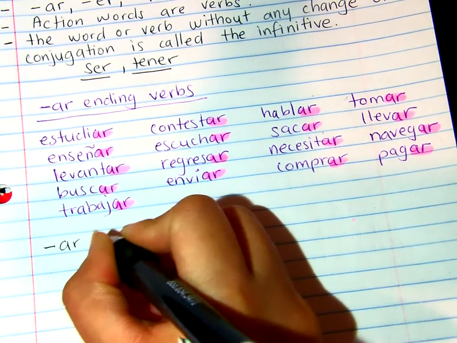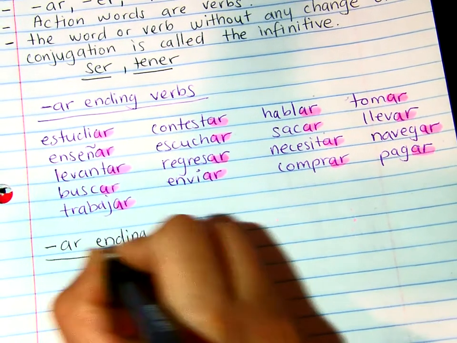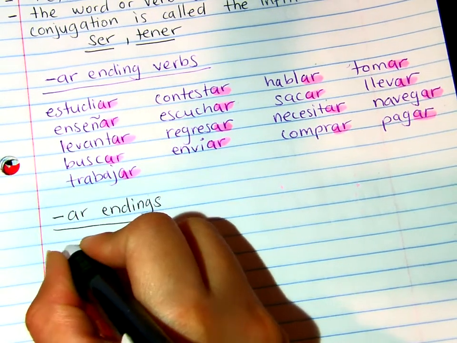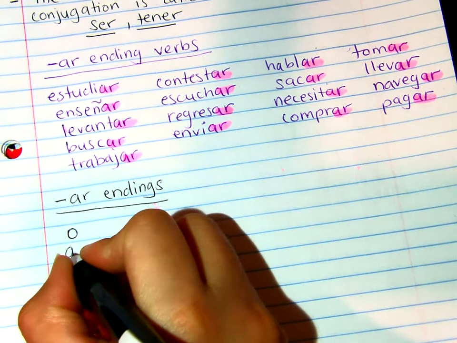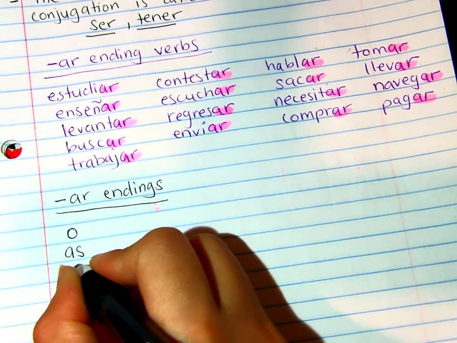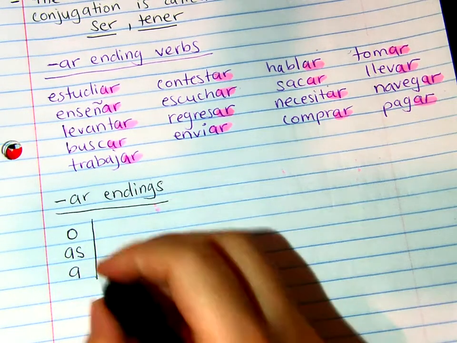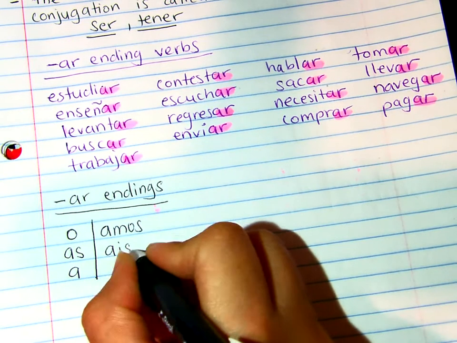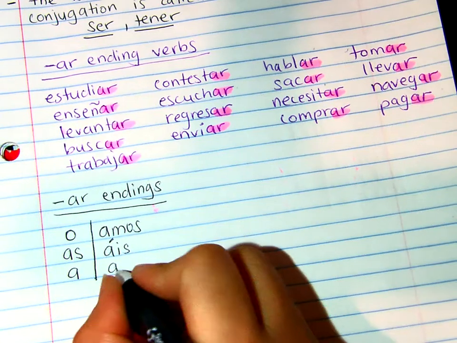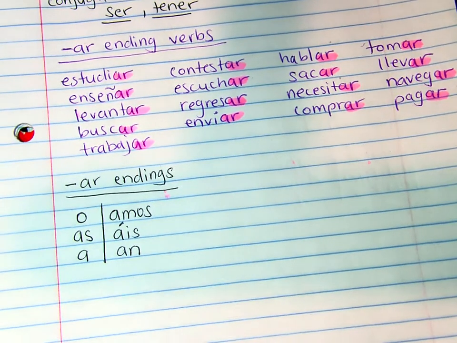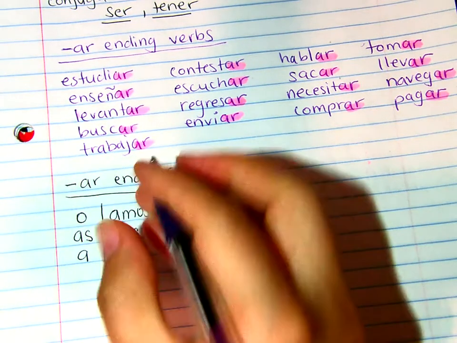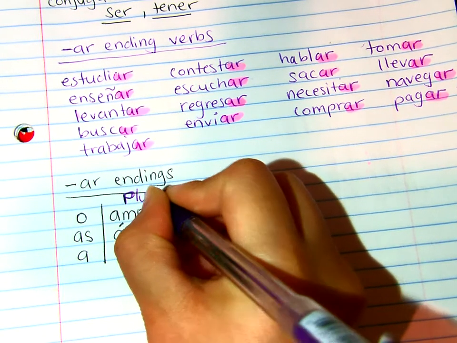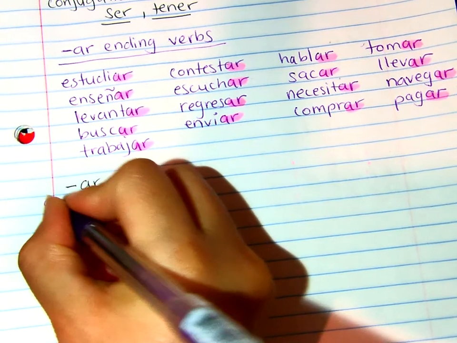AR endings, okay? AR endings are o, as, a, amos, áis, an. Alright, so you already know that this side is plural, and this side is singular, right?